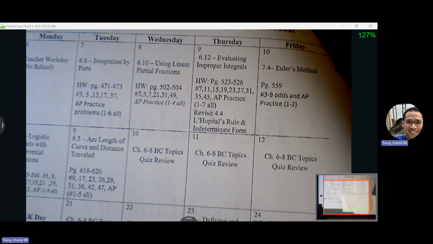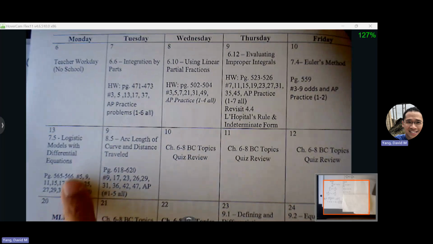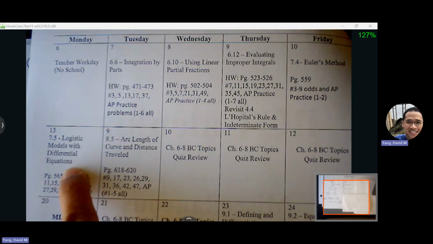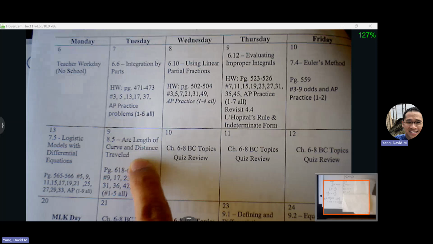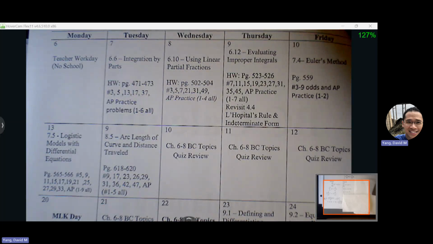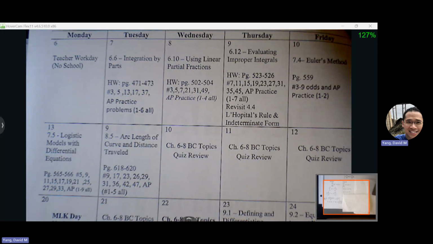Next up, Euler's method, which is kind of like linear approximation, but a little more detailed. Next, logistic models with differential equations. This should go with differential equations, but I pulled it out because it's a BC topic. And then arc length and distance traveled, which is basically taking the distance formula and applying it to not a straight line, but a curved line.